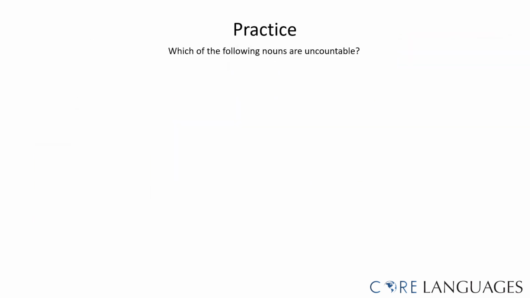Let's practice. Look at the following nouns and try to identify if they are countable or uncountable nouns. For example, tea. Can you say, I have 2 teas? Tea is uncountable.